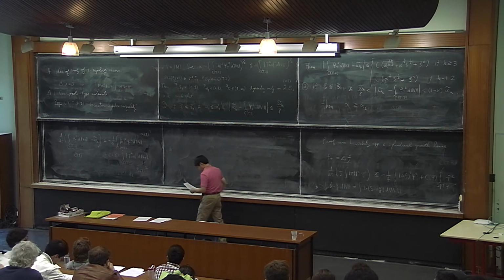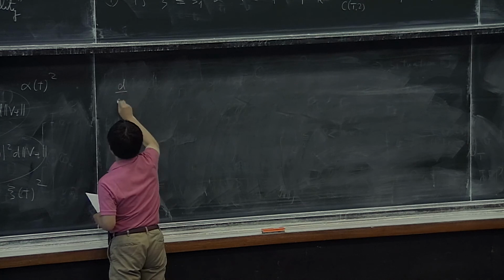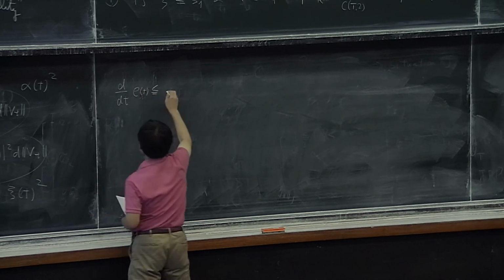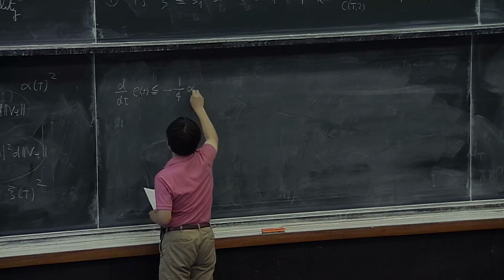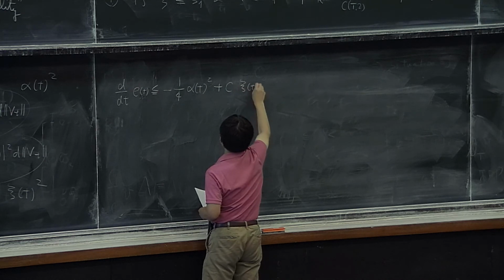maybe I should just draw pictures. So you have d/dt of Et is less than or equal to minus 1/4 alpha t squared plus a constant times ct squared.